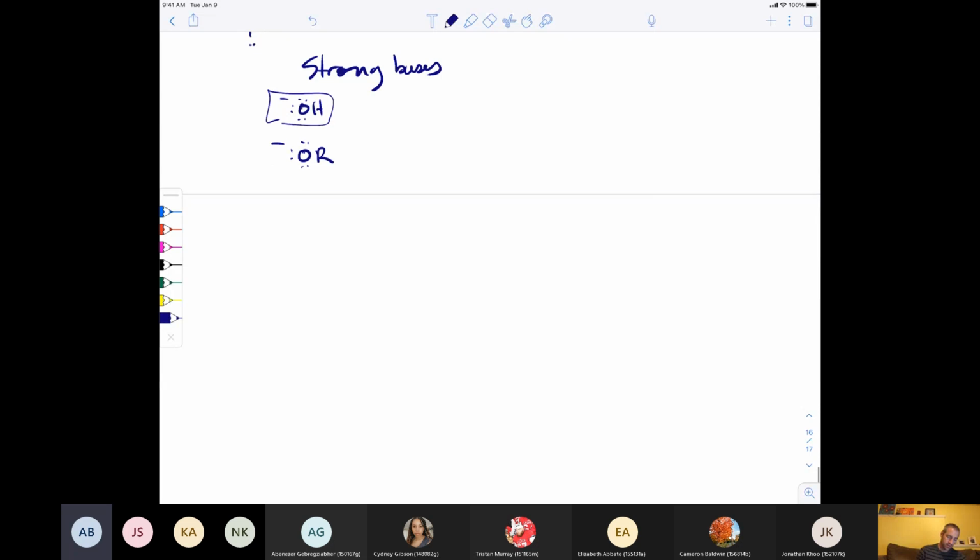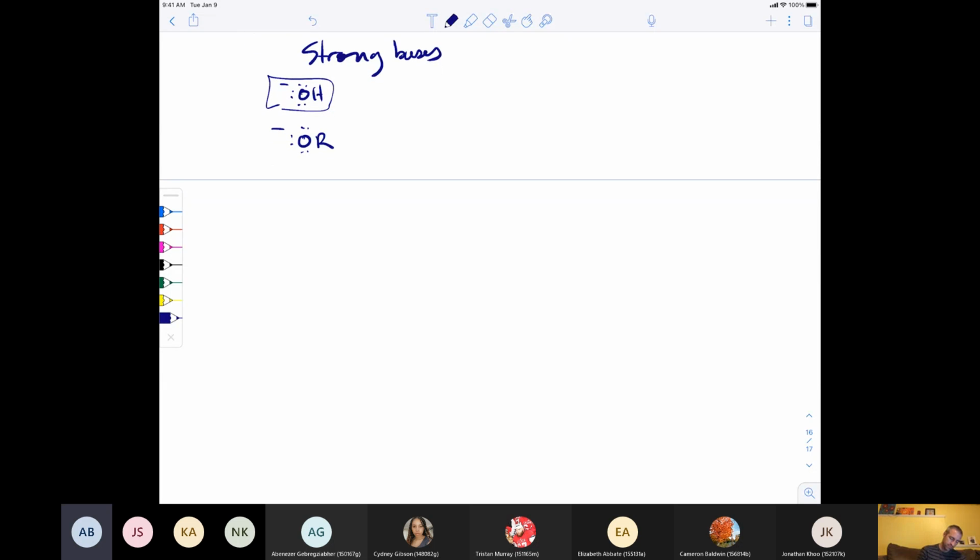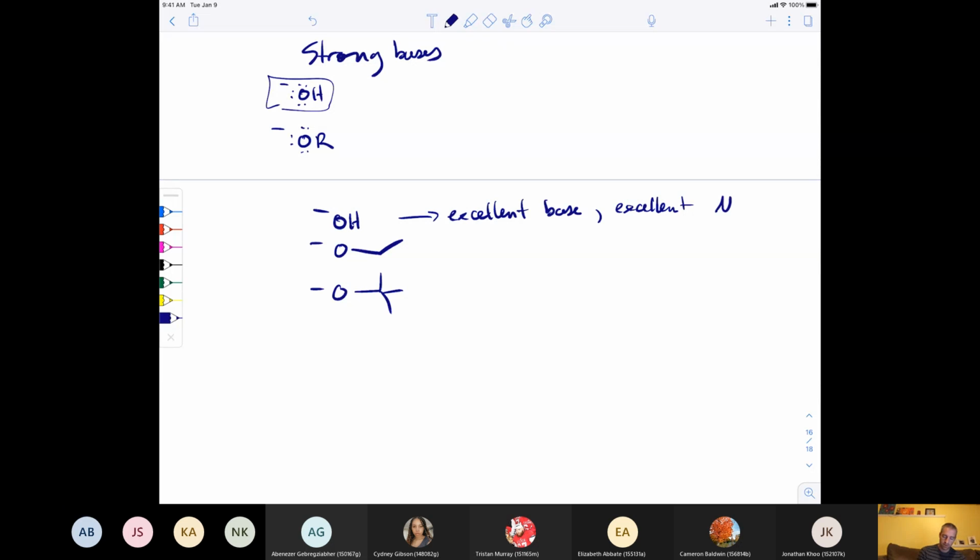So if you think about it like this, we have hydroxide, we have alkoxides that are small, and we have alkoxides that are bulky. Hydroxide is an excellent base and an excellent nucleophile.